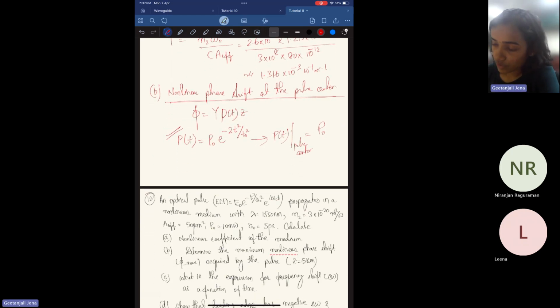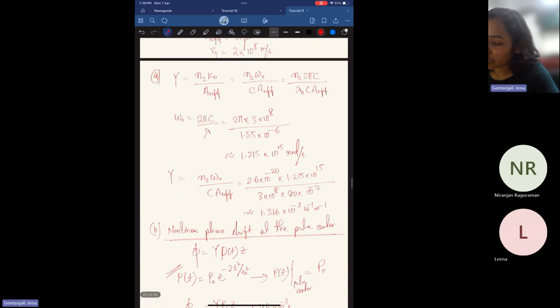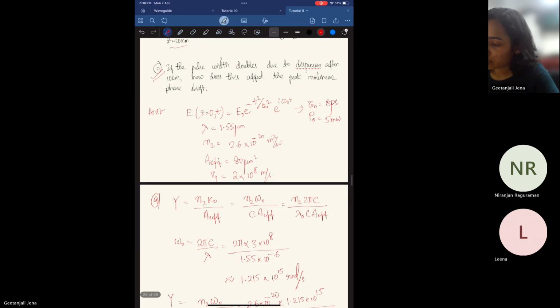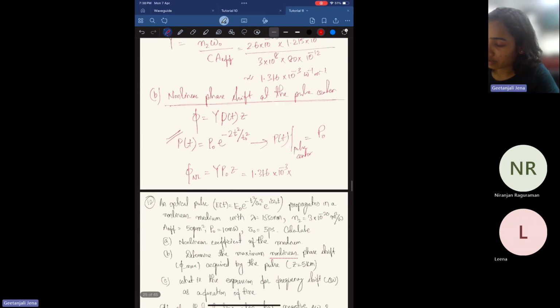So now phi NL is gamma P0 z. Gamma has already been calculated, it is 1.316 into 10 to the minus 3. P0 is already given, 5 milliwatt.